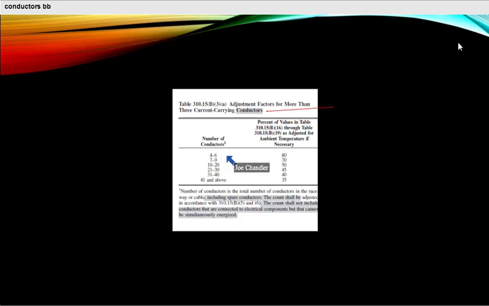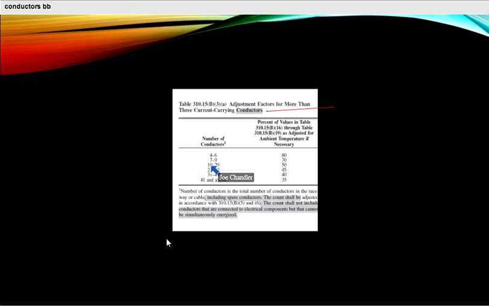So you notice the more conductors I put in the raceway or the cable, I'm just going to say raceway to make it easy, look at my percentage. Remember, between 1 and 3, there's no correction. But whenever I go past 3 of them, remember that table 310.15(B)(16) said not more than 3 current carrying conductors. So once I go past 3, 4 to 6 is 80%, 7 to 9, 70%.